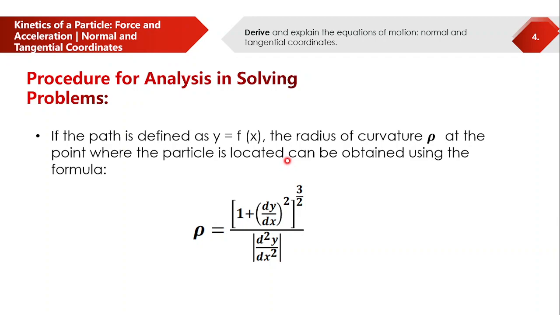But if function, ito yung gagamitin mo na formula. That will be 1 plus the first derivative of your function, squared, the quantity raised to 3 halves, all over the second derivative of your function y. Okay, that's how we solve for your rho.